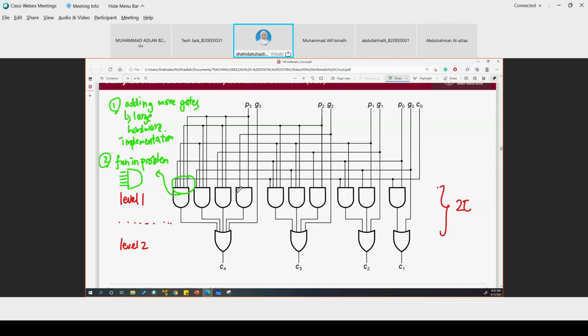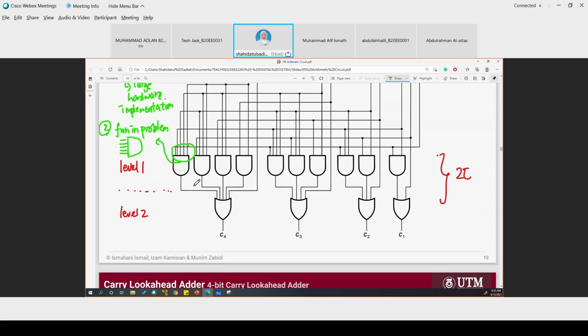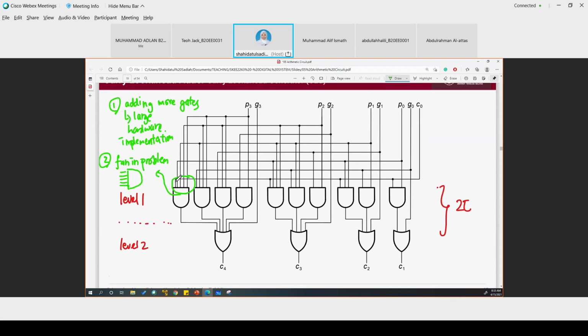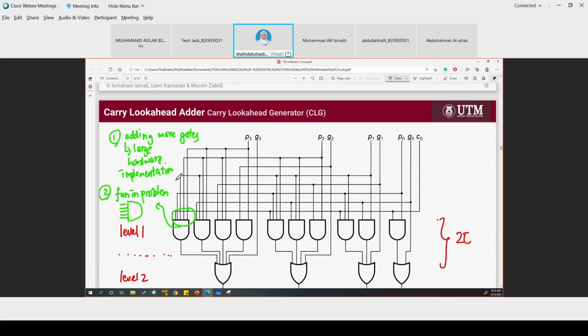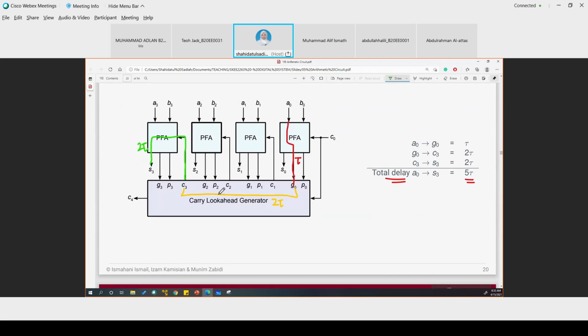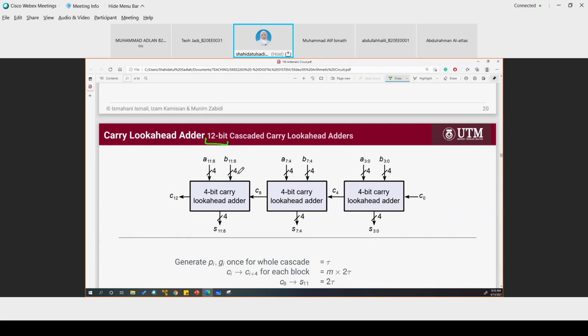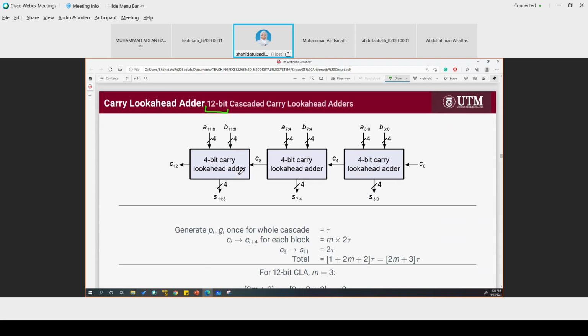So the maximum that we want to go is 4-bit CLA. If you want to have bigger bit size, like 12-bit adder using carry look ahead adder, we just cascade the 4-bit carry look ahead adder together.